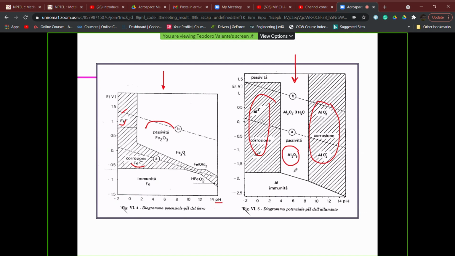And also this matches our experience, since we know that aluminium is going to be passivated by affinity with oxygen. Remember the anodic passivation of aluminium, for example, in conditions in which we are around a neutral environment, that is a pH value of about 7.